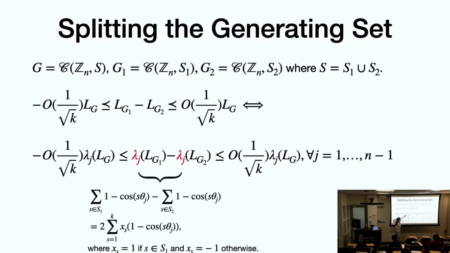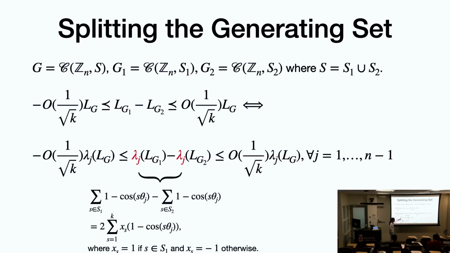The jth eigenvalue of LG1 is the sum of 1 minus cosine S theta j over S in the first set S1. And the jth eigenvalue of LG2 is the sum of 1 minus cosine S theta j over S in the second set S2. Okay, I can introduce an indicator xs for every generator S. xs is 1 if this generator S is in the first set S1, and xs is negative 1 if this S is in the second set S2.